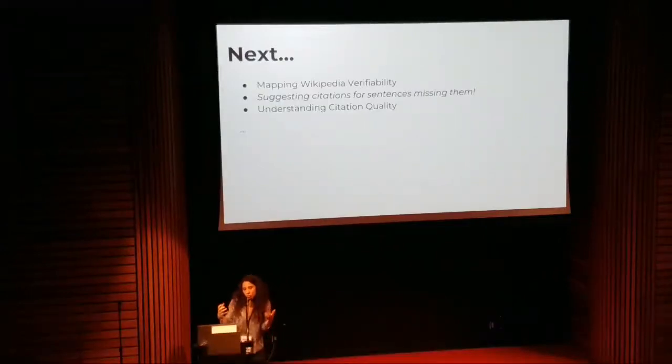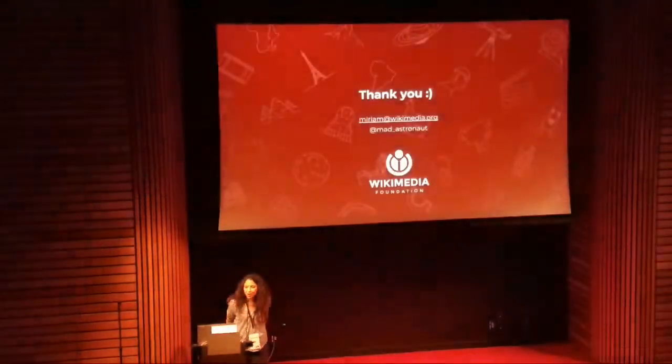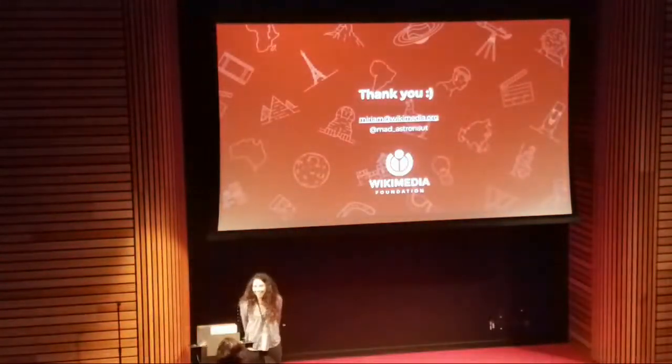The final goal is to also leverage the Wikicite effort to suggest citations to sentences missing them. And eventually we also want to try and categorize sources according to their quality and reliability, looking again at Wikipedia as one of the major sources of information for people around the world. And with that, I thank you very much, and I'm over time, I'm sorry.